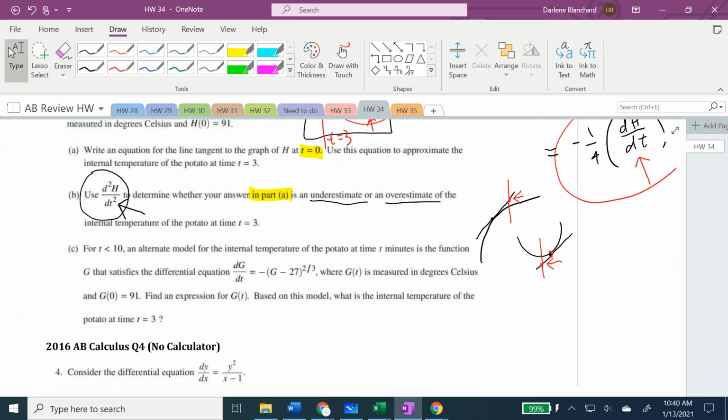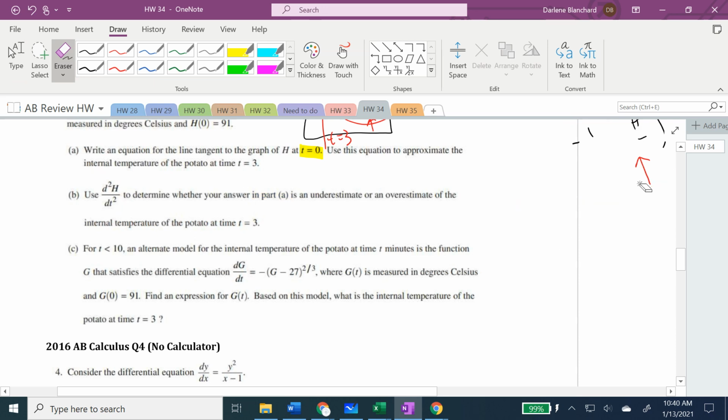Finally, C. C throws in a whole new extra differential equation that was not even brought up yet. And you are asked to find an expression for g of t. You are given dg/dt, the differential equation, and an initial condition for g.